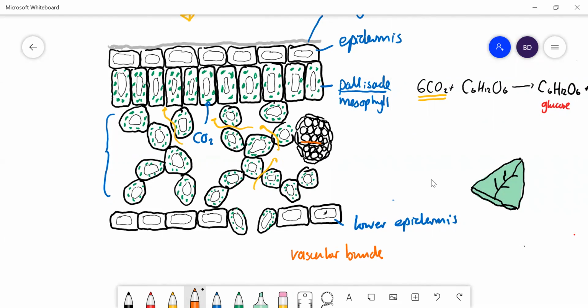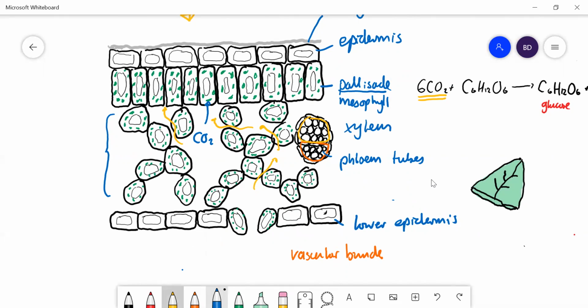So I'll draw a little line there. So these cells on the lower side of that, they're called the phloem cells, the tubes, and the ones above it, so these ones here, they're called the xylem.